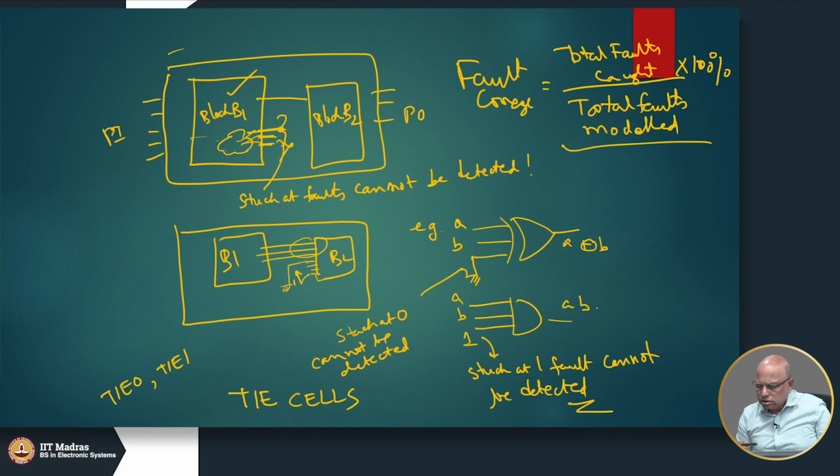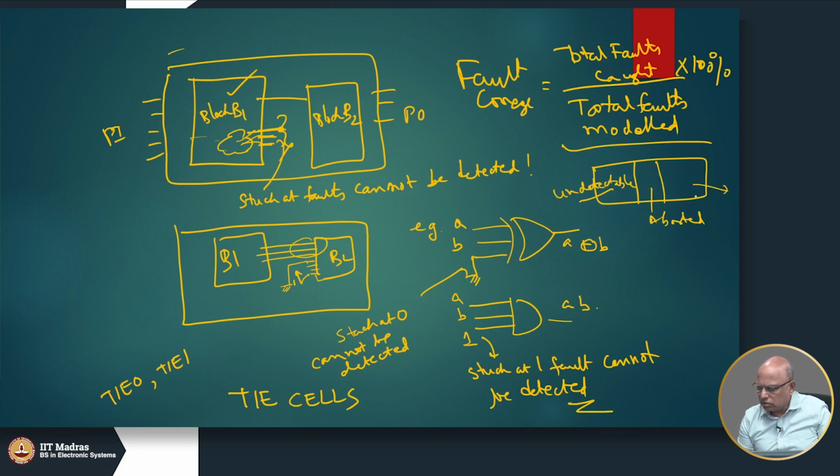Okay. So, our ATPG tool will tell me the reason. Okay. It will classify the faults into aborted, undetectable, and of course, these are the faults that are actually caught. So, this is what contributes to fault coverage.